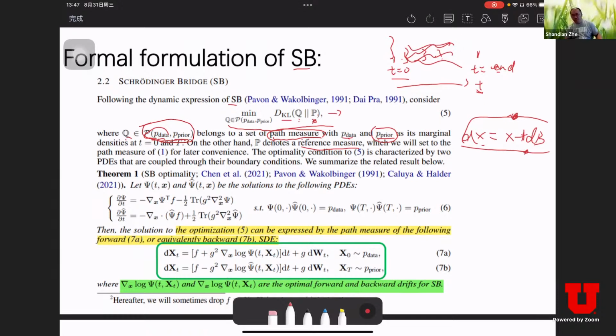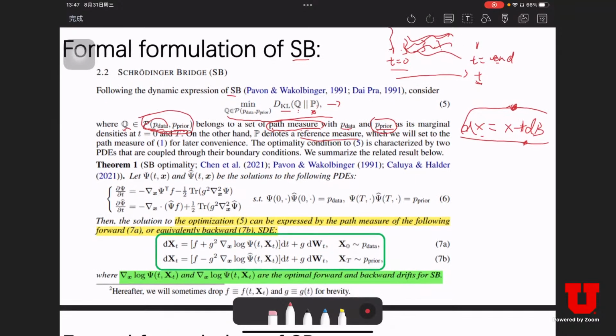Okay. And what exactly is the form of the SDE, the Q of the Schrodinger bridge? Here we have to introduce a theorem giving the exact form of the Q, the Schrodinger bridge, forward and backward.